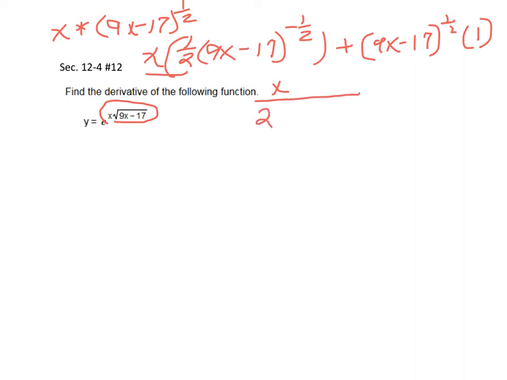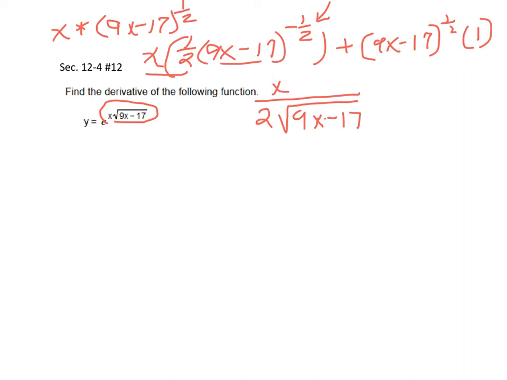And then, since this power is negative, I'm going to change it back to a radical and put it back in the denominator. So that's going to be over the square root, which is what the 1/2 power is. Putting it in the denominator takes care of the fact that it's negative 1/2 power. The radicand stays the same, 9x minus 17, and I'm remembering here that I forgot a step.